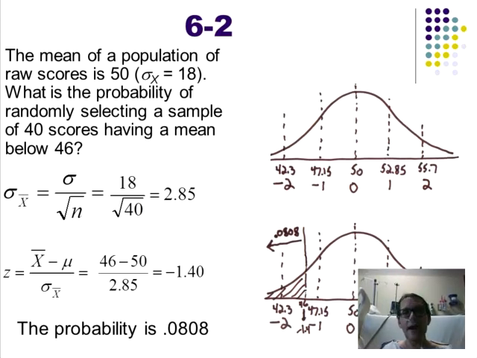Equals 2.85. So we see on that top graph there, I've simply drawn out a mu of 50, and so plus 1 standard error, in this case, 52.85, minus 1 standard error, 47.15, and we've got the z-scores labeled along the bottom. So now, in this new distribution of sample means, what's going on with that sample mean of 46?